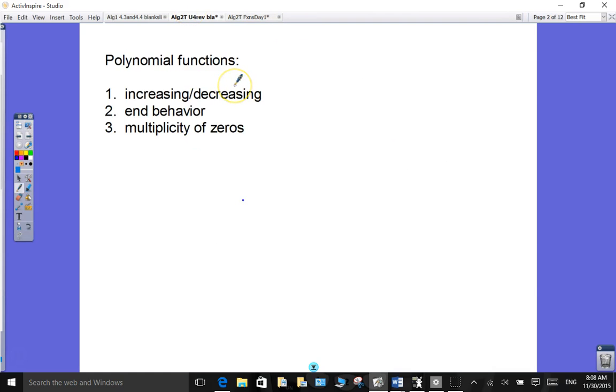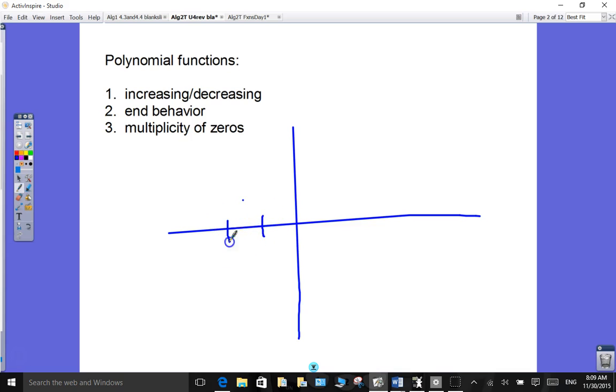So increasing and decreasing, multiplicity of zeros. Let me draw the multiplicity of zeros. Well, let me just do one. I'm going to draw this one like this.